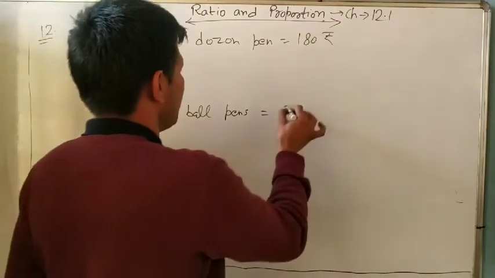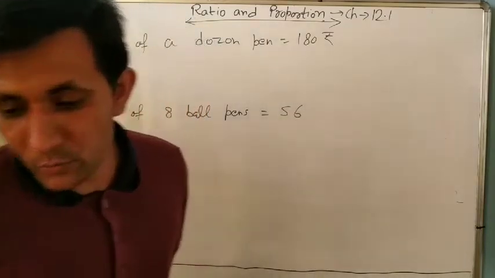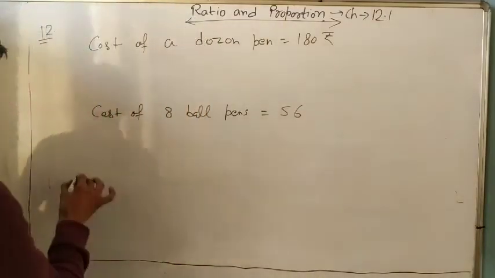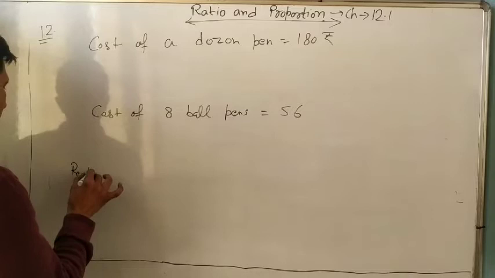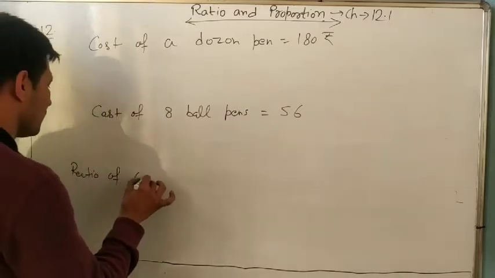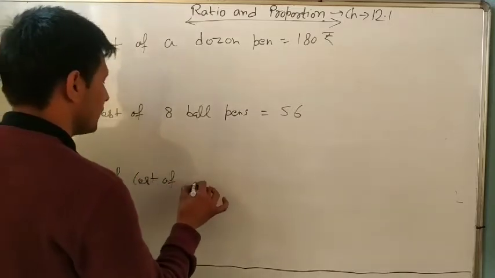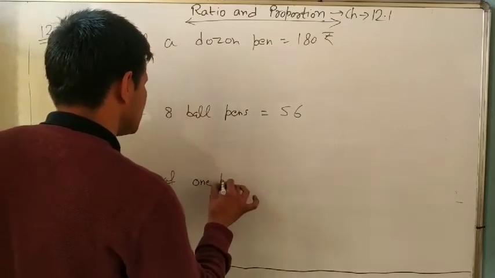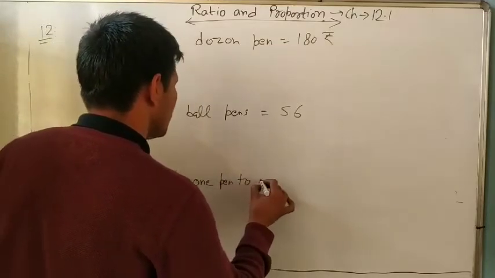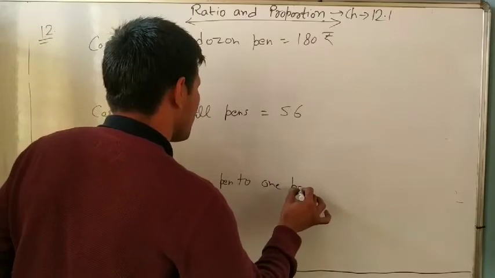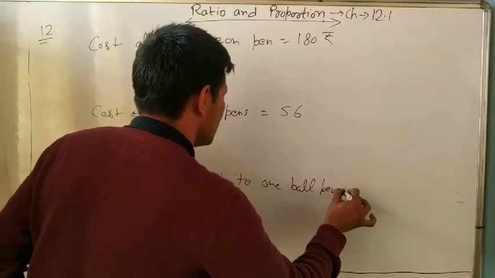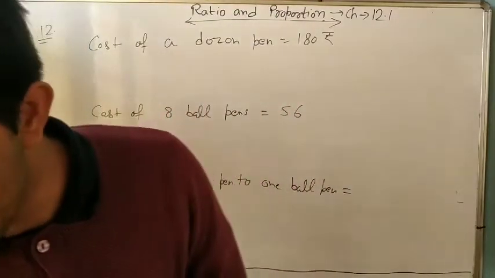It is given 56, and we have to find the ratio of the cost of 1 pen to 1 ball pen.